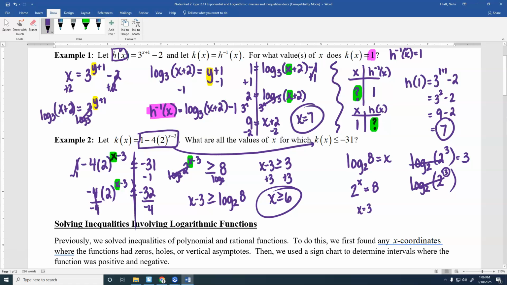To do a separate example that doesn't have anything to do with this problem, if I have log base 3 of 81, that one can be done without a calculator. Since I've got a log with a base of 3, 81 could be written as 3 to what power? Fourth, right? 3 times 3 would be 9, and then 2 more 3s would be another 9. 9 times 9 is 81. So it would be 3 to the 4th. So the log base 3 and the 3 would cancel out, and I would just get 4 for that.